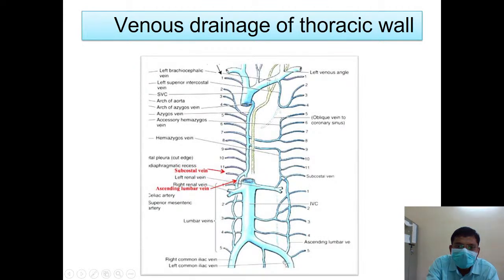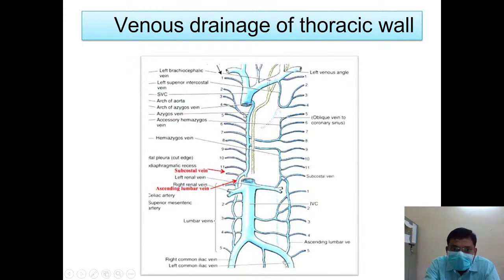You can see this is nothing but all the lumbar veins. All the lumbar veins join together to form the ascending lumbar vein. Now this ascending lumbar vein will be joined by the subcostal vein. Then finally it will form a large vein called the azygous vein. However, this azygous vein also receives a lot of tributaries from the intercostal spaces.